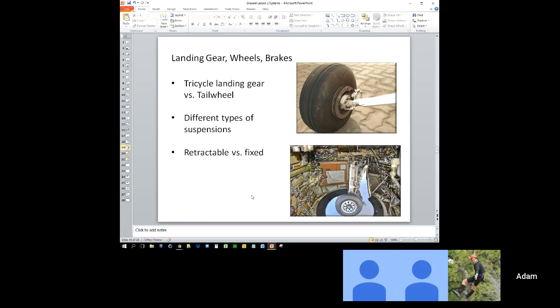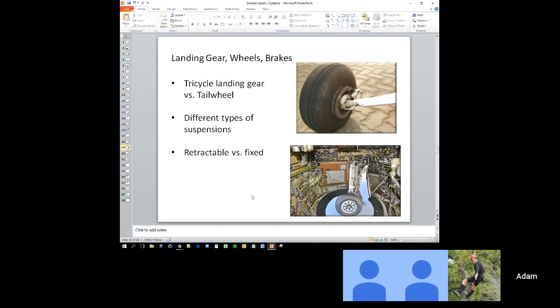And then you've got different kinds of suspensions. Your Cessna 172 family is going to have what's called a strut suspension system. It's a stiff airframe type suspension strut that provides necessary flexing upon takeoff and landing. It doesn't employ the use of a shock like some cars do.